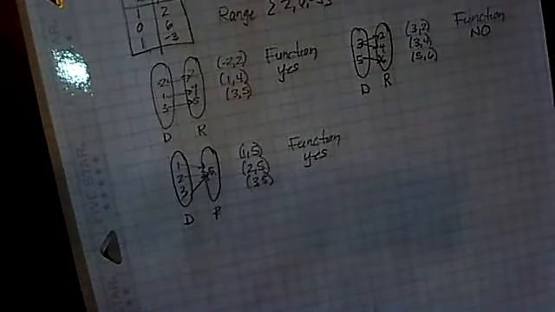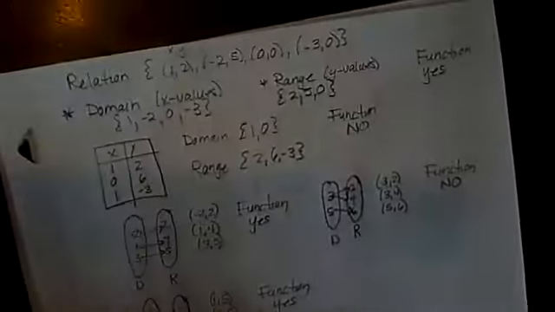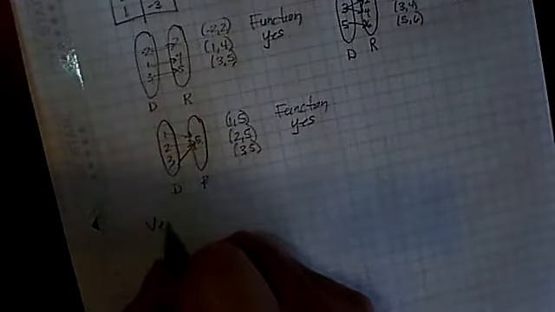All right, so sometimes we need to determine if something is a function just by looking at a graph, and we don't have ordered pairs or tables or anything to look at. So when we have to look at a graph, what we use is called a vertical line test. And it's super simple if you understand what the vertical line test is. I can give you this graph.